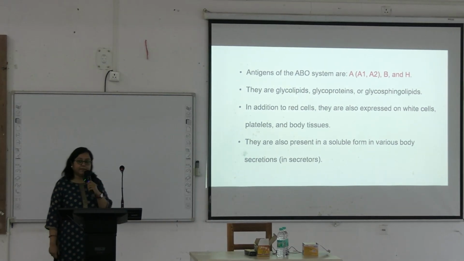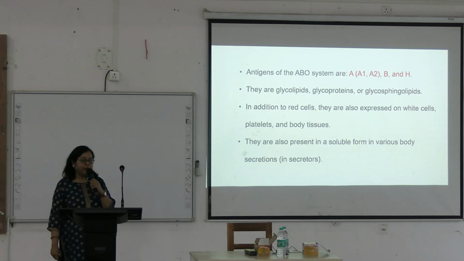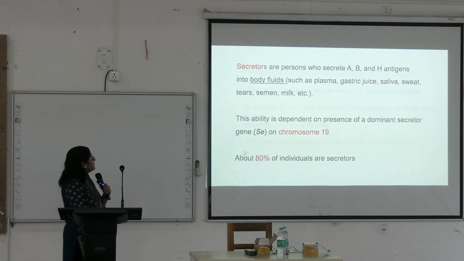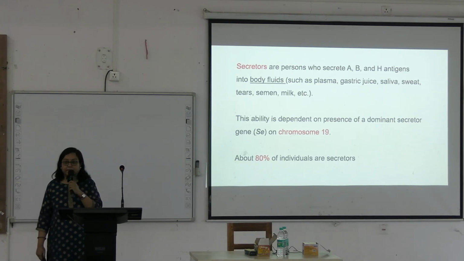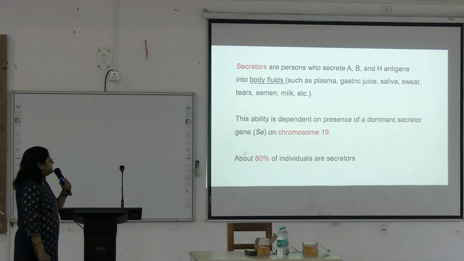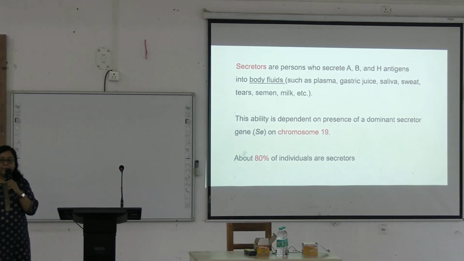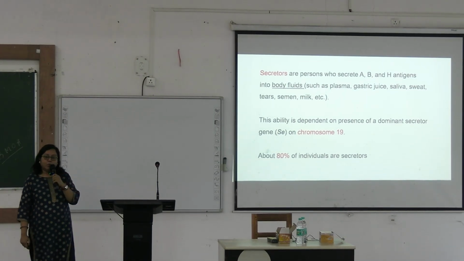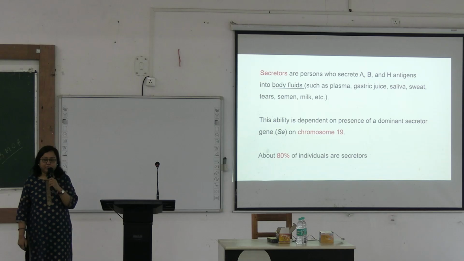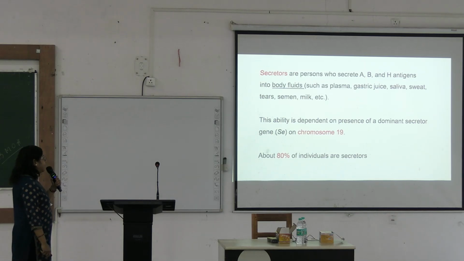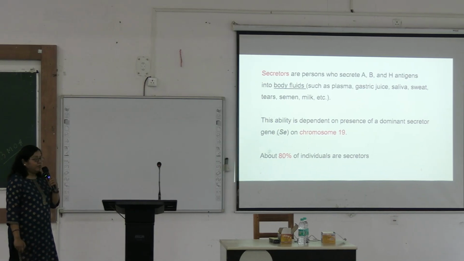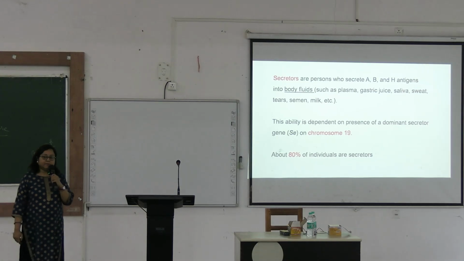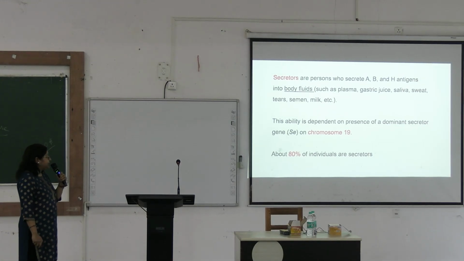They are also present in soluble forms in various body secretions in secretors. Now, what are secretors? Secretors are persons who secrete A, B and H antigens into body fluids. What are the body fluids? The body fluids are plasma, gastric juice, saliva, sweat, tears, semen, milk, etc.